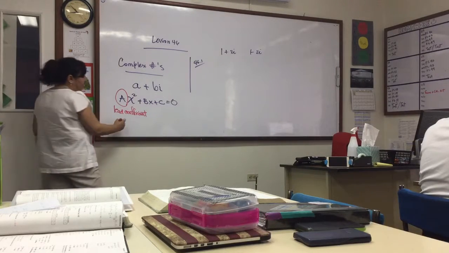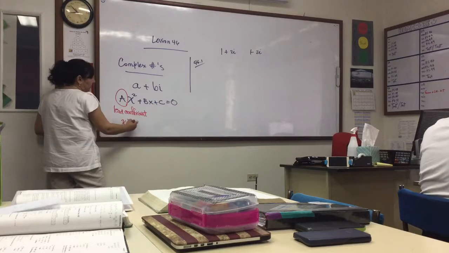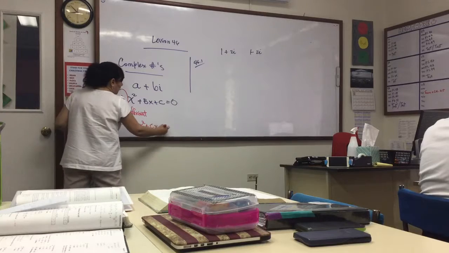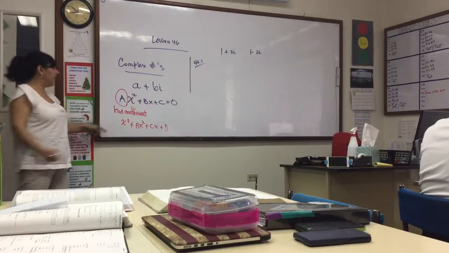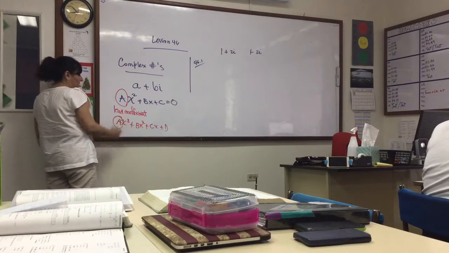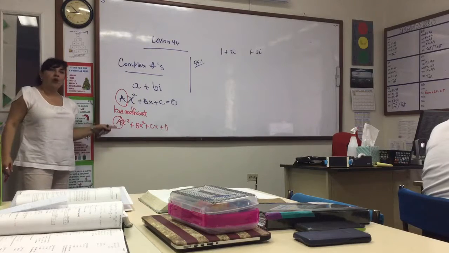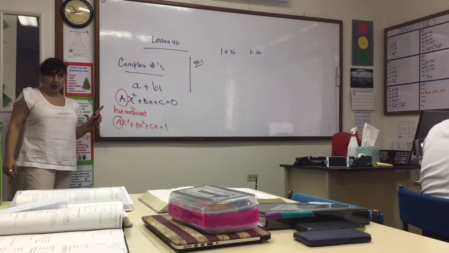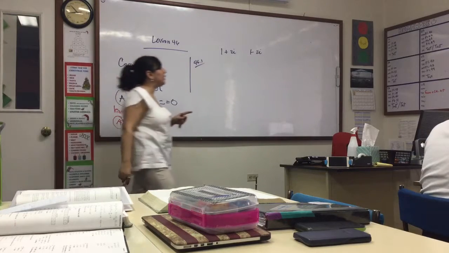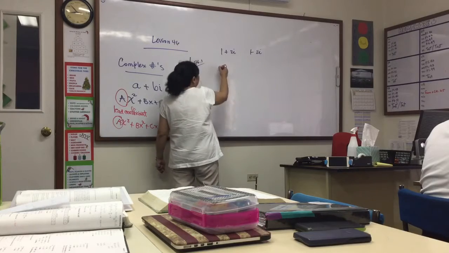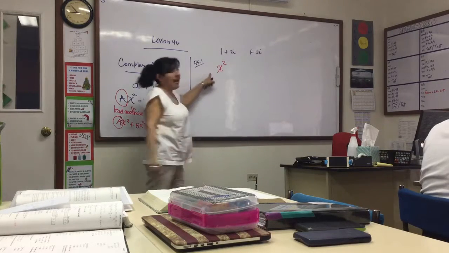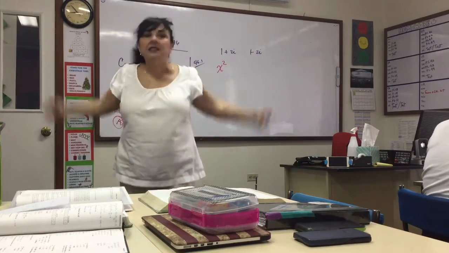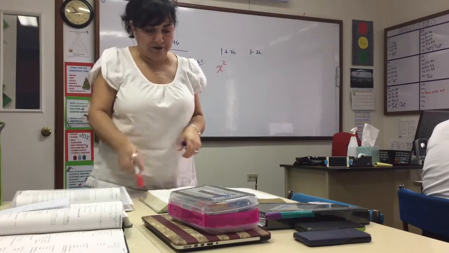If you have a cubic equation like this, then the lead coefficient would be this one. So the lead coefficient is always the one in front of the term with the highest exponent. Is that clear? They want a lead coefficient of 1, meaning you're going to get only x squared as a result.